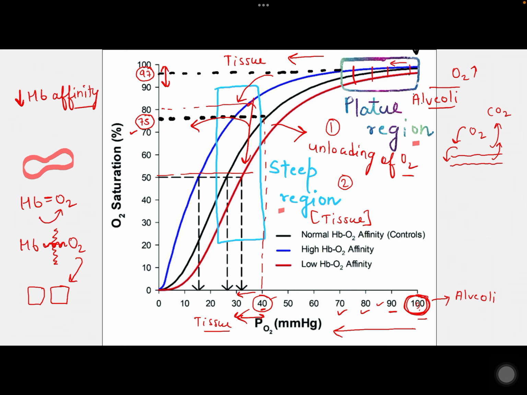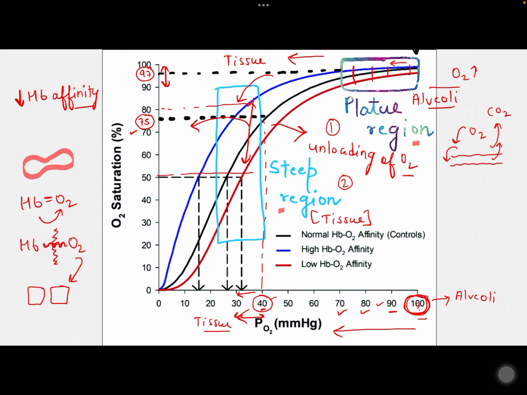So it is like this, that initially the partial pressure of oxygen is not moving much. What I mean to say is that initially, even if the partial pressure of oxygen is dropping, the saturation doesn't move. But at the later half, if you go towards tissues, right, after 80% or 70%, saturation starts to drop.